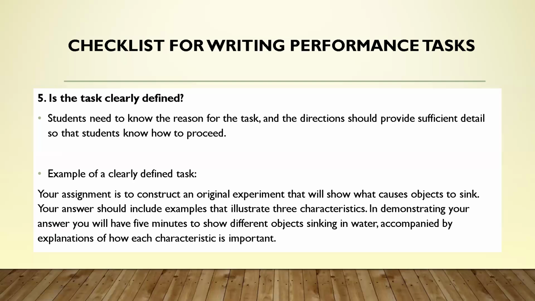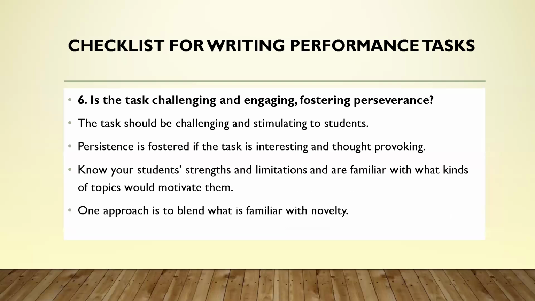Then they are required to illustrate the three characteristics, and then they are to demonstrate their answer in 5 minutes. So they are given only 5 minutes to complete the task. And then they're going to explain how each characteristic is important. So this is an example of a clearly defined task.